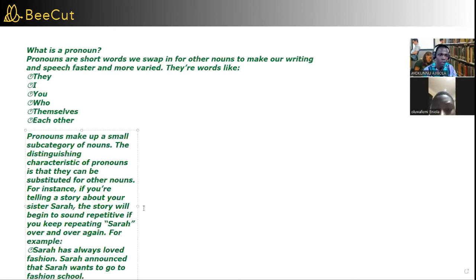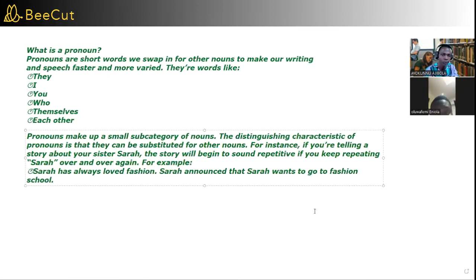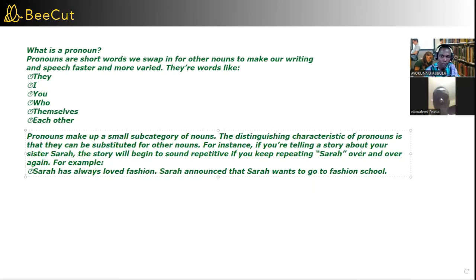So here we go. Pronouns make up a small subcategory of nouns. And the distinguishing characteristic of pronouns is that they can be substituted for other nouns. For instance, if you're telling a story about your sister Sarah, the story will begin to sound repetitive if you keep repeating Sarah again and again.